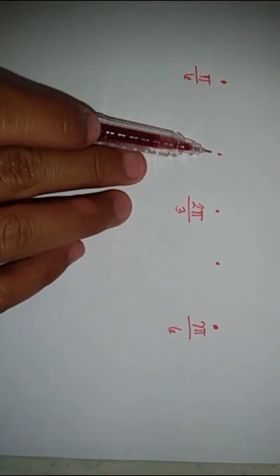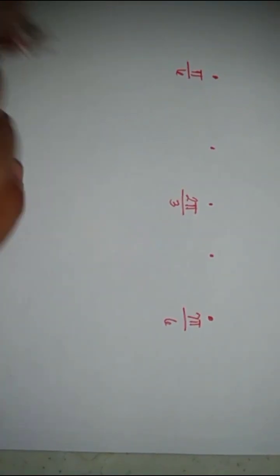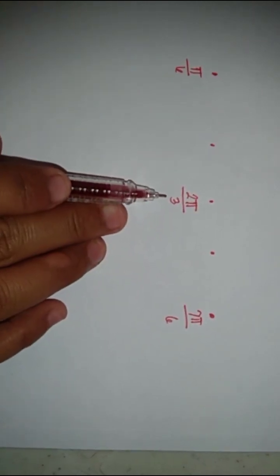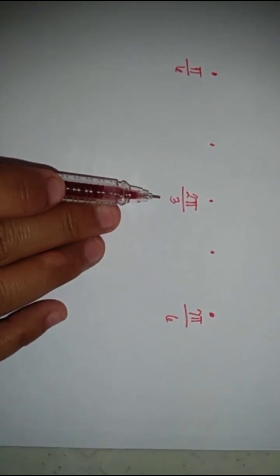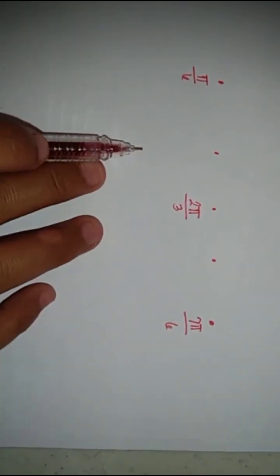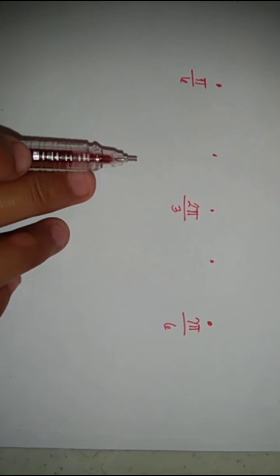To get the point between the starting point and the center, we have to add pi over 6 and 2 pi over 3. The answer is 5 pi over 6. And we have to divide it by 2. So the answer is 5 pi over 12.